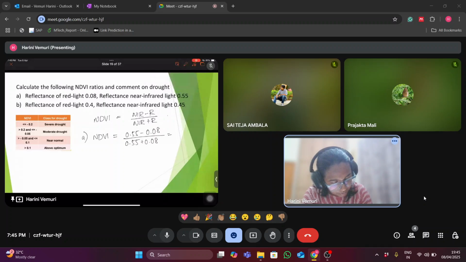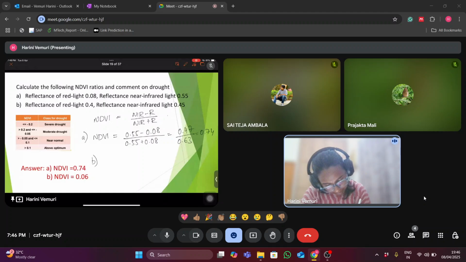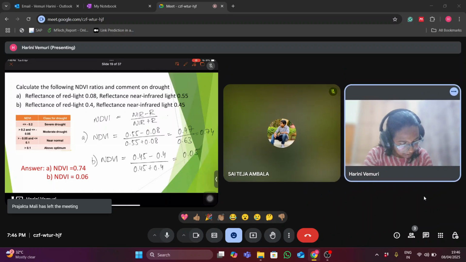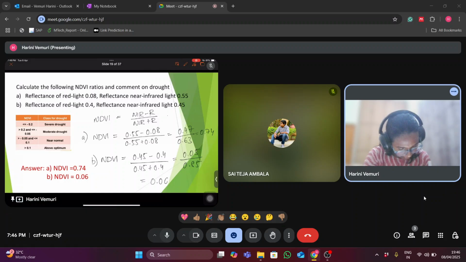That is equal to 0.47 by 0.63. So once you do the calculation, you get a value of 0.74. And in the next case, NDVI is equal to NIR, near infrared, 0.45 minus red, 0.4, by 0.45 plus 0.4. That is equal to 0.05 by 0.85, which is equal to 0.06.